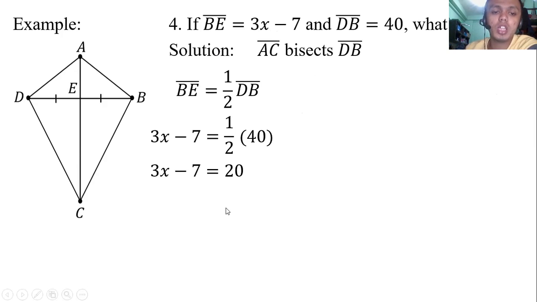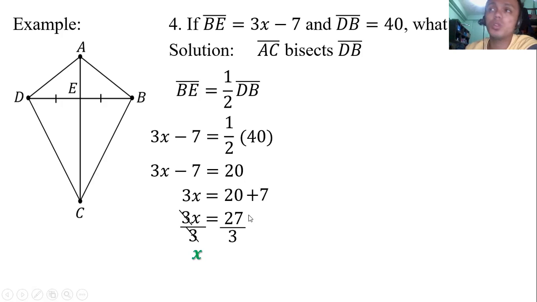Then transpose negative 7 to the other side. Then we have 3x equal to 20 plus 7. 20 plus 7 is equal to 27. Then divide both sides by 3, cancel this out. Then we have x is equal to 27 divided by 3 is equal to 9. So 9 yung x natin dito. Now, hanapin na natin si BE since may value na tayo kay x.